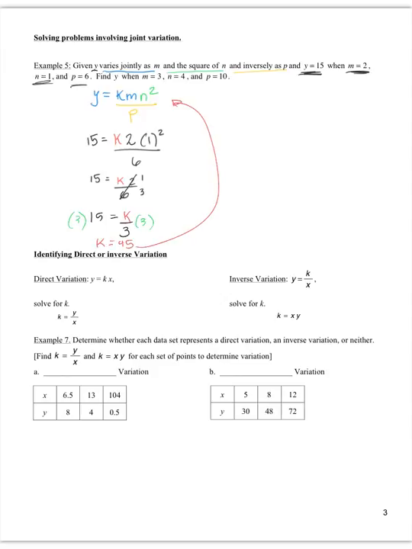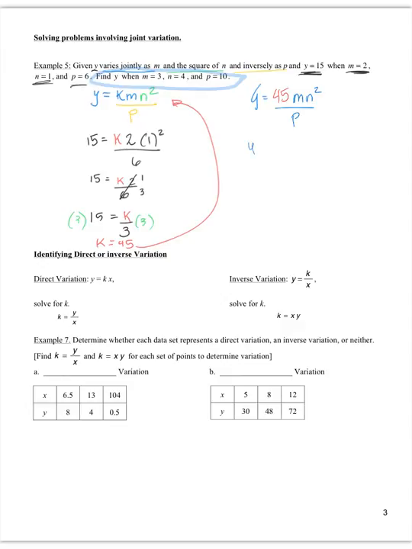I'm going to substitute that back into my variation equation. K is 45 times m times n squared all over p. I should erase that a little bit. Now, we have been given additional information, and we are being asked to solve for y.